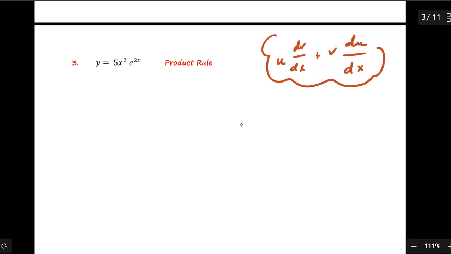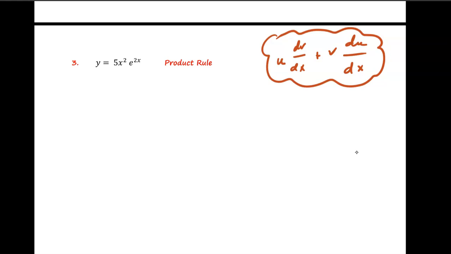Like I mentioned in the previous video, it's safer to identify the very first function as u, the second function as v. So I always go with that, but in some cases it doesn't matter because you have a plus right here. But I will always pick the first function as my u and the second function as my v.